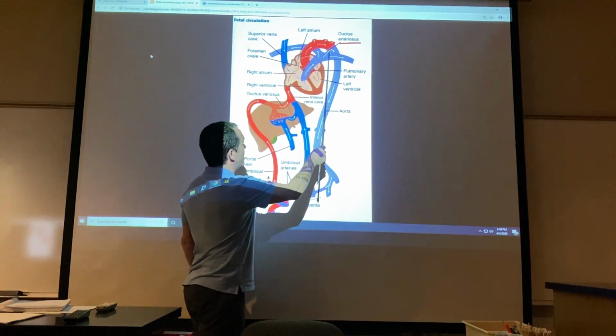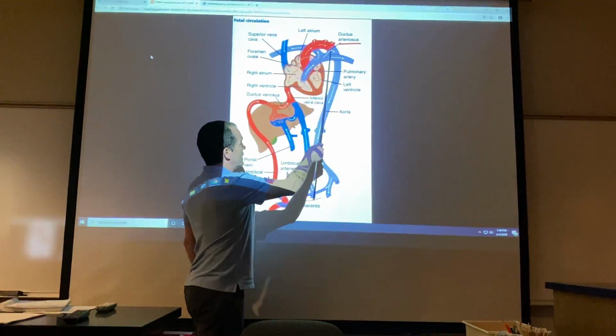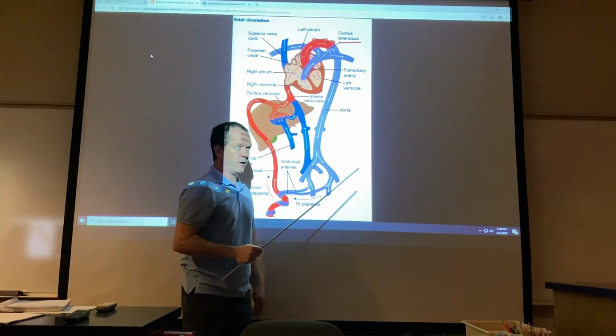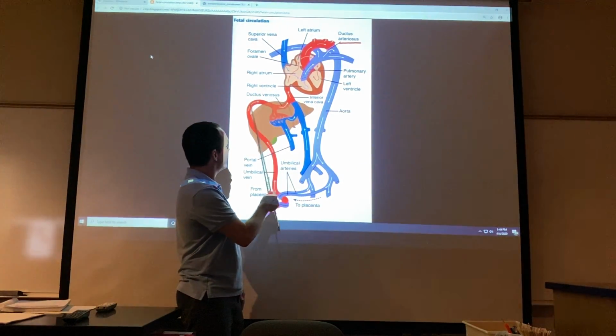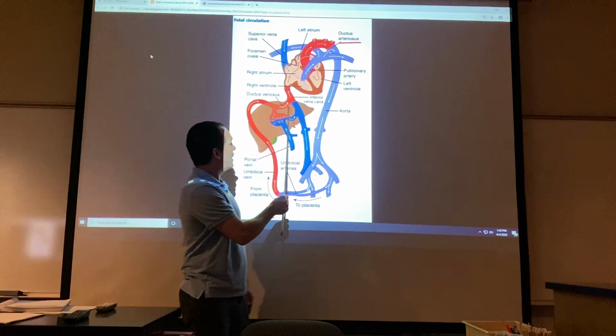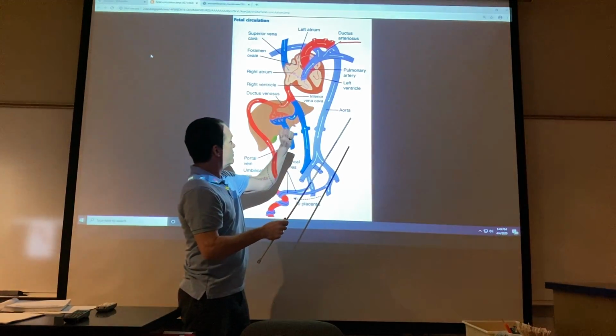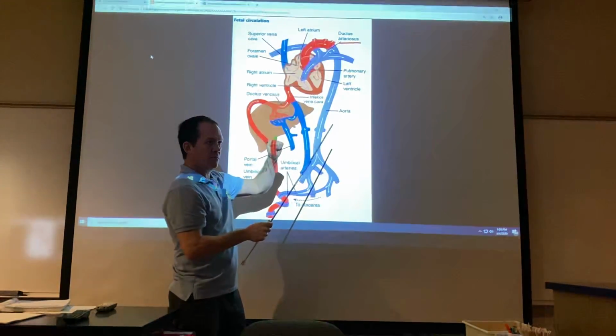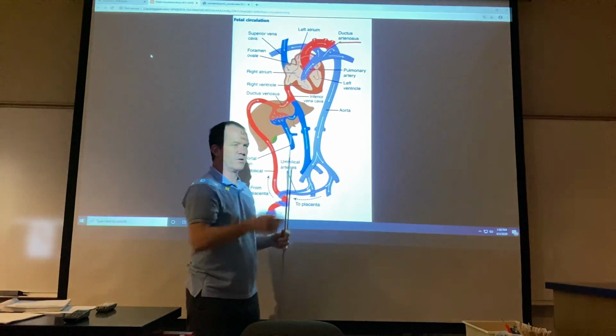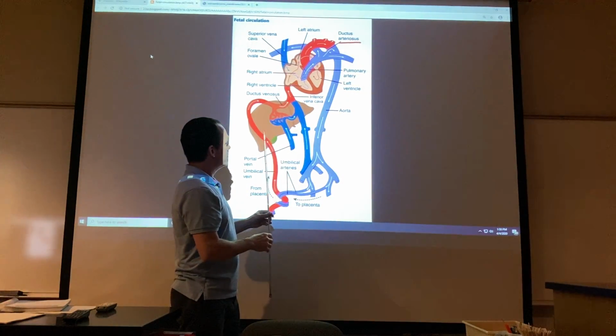And then this over here collapses and forms a ligament called the ligamentum arteriosum. This ductus venosus, I should say, basically degrades and forms a ligament that's associated with your liver, but you don't have to know that.